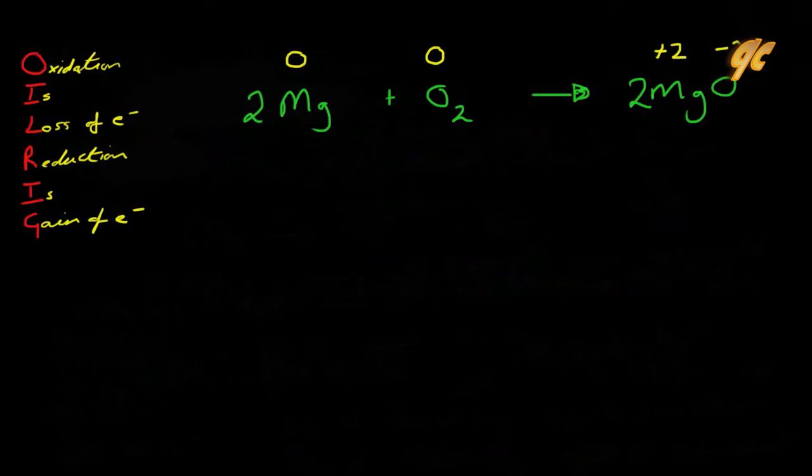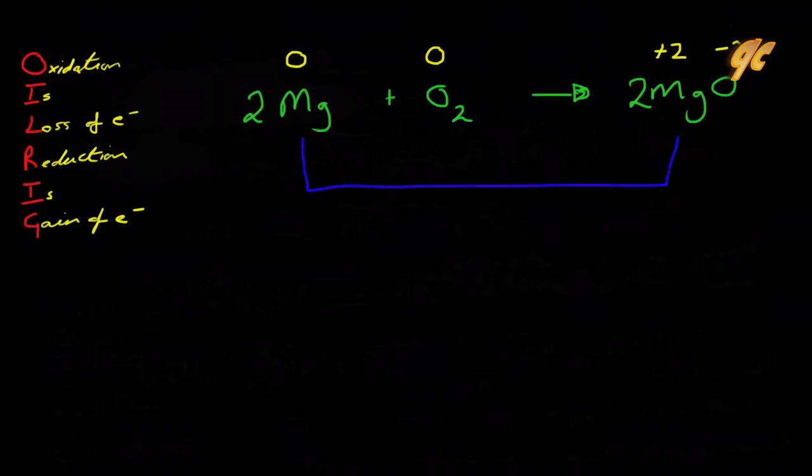If we then join each of the substances with each other, if we were to join magnesium with magnesium, and then join oxygen with oxygen, we can see that magnesium is moving from oxidation state 0 to +2.